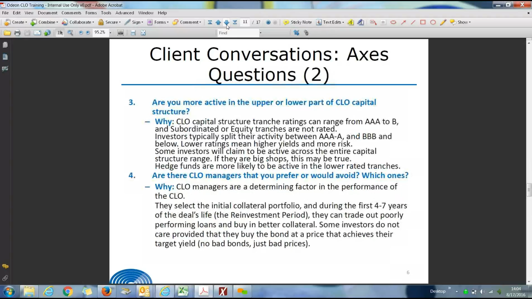All right, next question. There's Mark's question. Or Joe's: are you more active in the upper or lower part of the capital structure? Why do we want to know this? Well, there's a range of ratings for all these different CLO bonds.